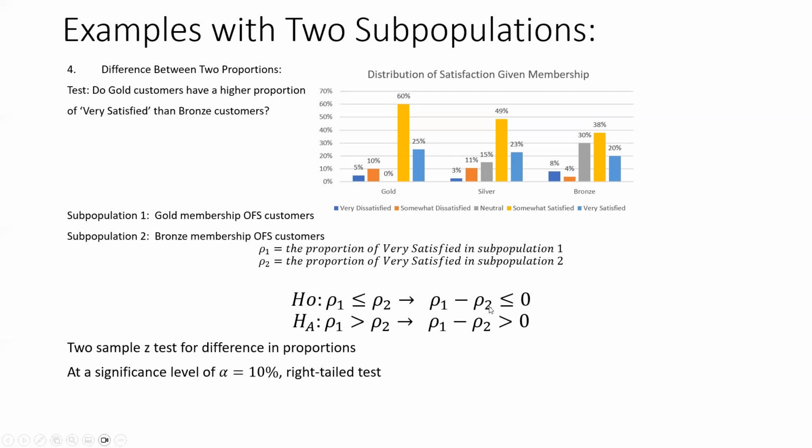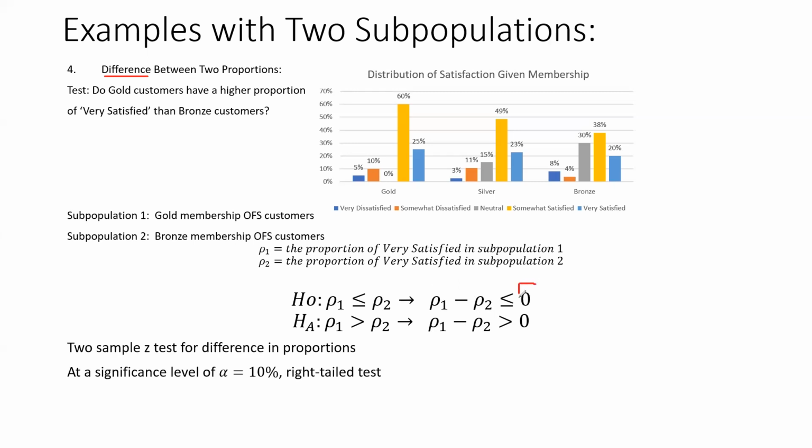So we're going to subtract it, and now we have a difference in proportions, and that's why these tests go by the name difference. So the last one was a difference in means. It's a difference between two proportions. And in this case, if row 1 is greater than row 2, the difference is greater than 0. And if the null is right and it's actually less than or equal to, then the difference is less than or equal to 0.